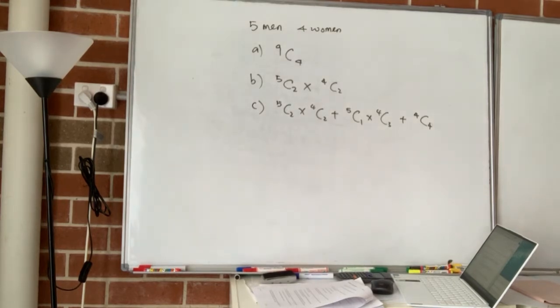How do I know whether I should times it or divide it? It's divide, yes, because it's repeat. So if it's different, you would times it. If they can swap around, you times it. If it is repeat, you divide it away.